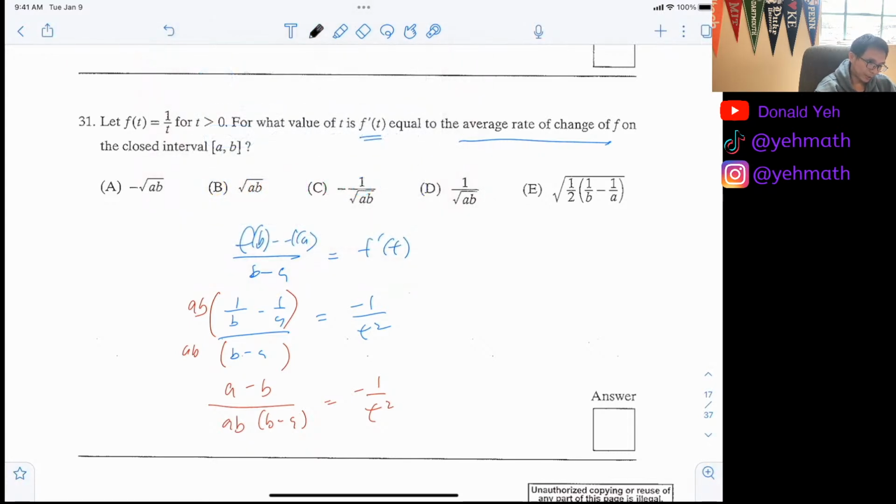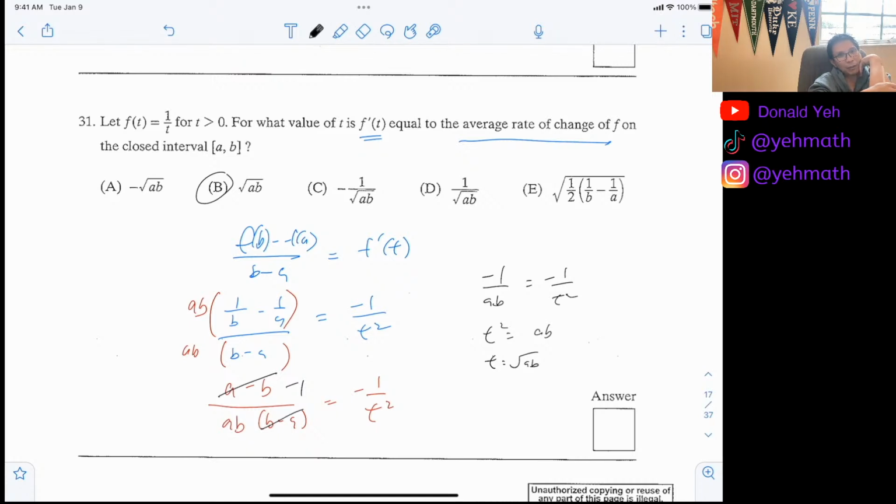Now this can cancel. It's going to be -1, so it'll be -1 over ab equals -1 over t squared. Cross multiply, t squared equals ab, t equals square root of ab. I think the answer is B. It's B, right? Yeah.